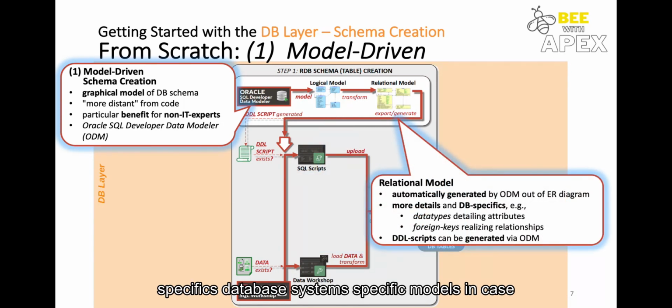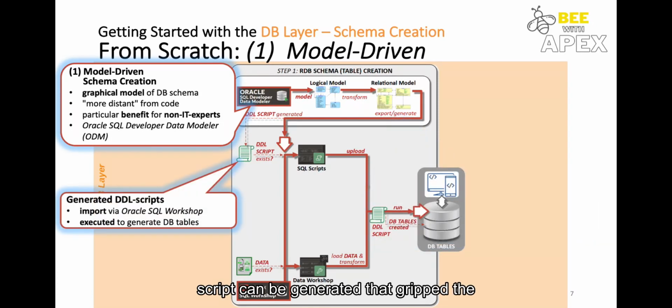Database system-specific models, in case of APEX being based on the relational database, the relational model can be generated automatically, but more database-specific details like data types and foreign keys need to be manually added before the actual DDL script can be generated. That script can then be imported into APEX and executed to generate the database tables.